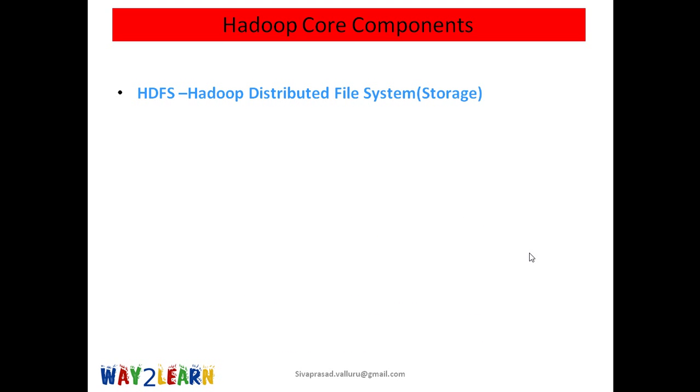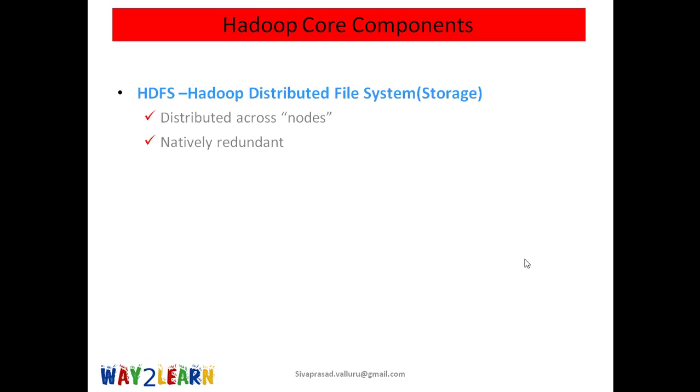Earlier also you understood the core components of Hadoop. The first one is HDFS, which stands for Hadoop Distributed File System, and is used for storage. If you are using HDFS, the data is distributed across various data nodes, and by default in HDFS the replication factor is 3.